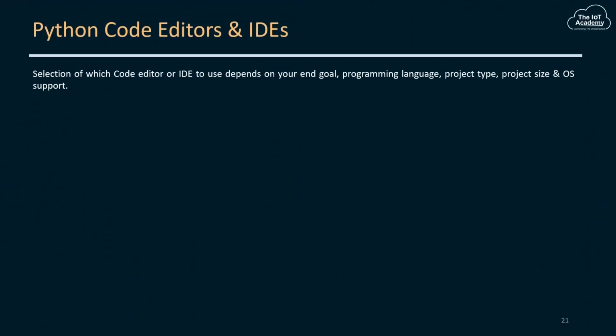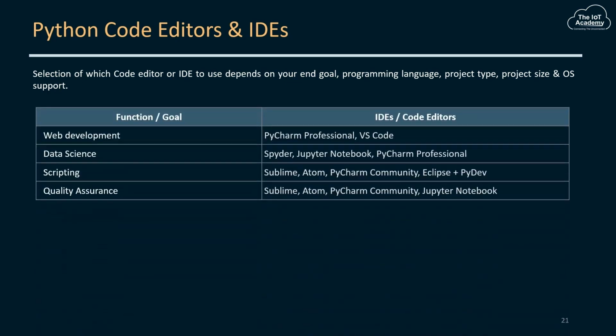Selection of which code editor or IDE to use depends on your end goal, programming language, project type, project size, and OS support. Based on the function, various IDEs or code editors can be deployed. For example, for web development, we use PyCharm Professional or VS Code.